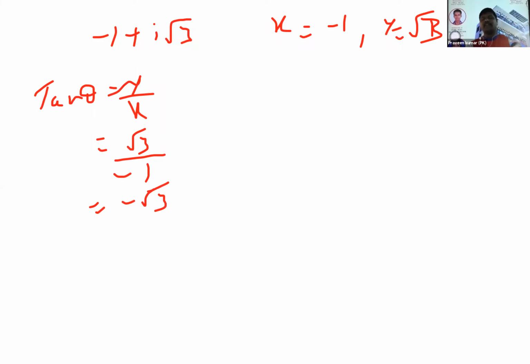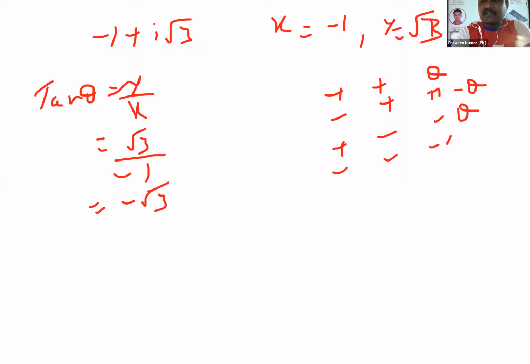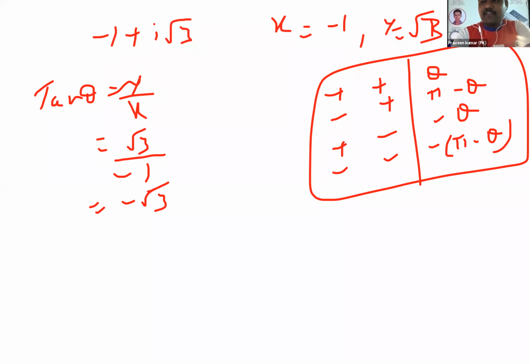According to our table, plus minus, plus minus, plus plus minus minus: theta, pi minus theta, minus of pi minus theta. Don't forget this table. Every time you can write this table, with x, y and angle. Now x negative, y positive, so pi minus theta. Root 3 means tan of 60 degrees, pi by 3.